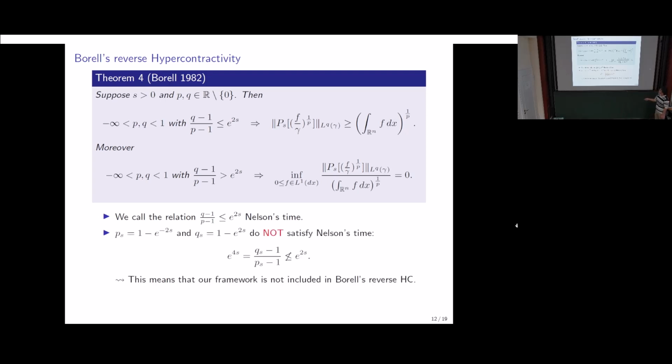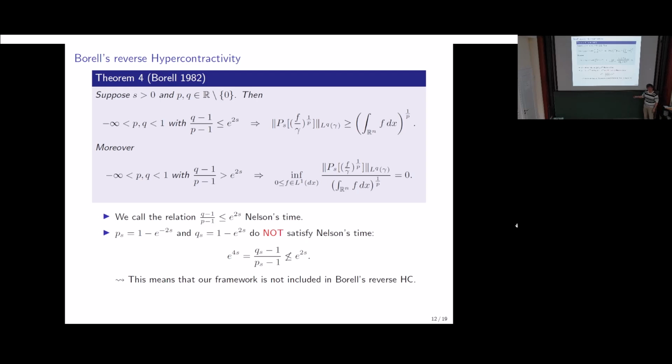Okay, so now let me get back to our situation. In our settings, we consider P and Q as this. Then you need to check that this exponent does not satisfy the Nelson type. Actually, if you consider Qs minus 1 over Qs, then this becomes e^{4s}, and actually this is bigger than e^{2s}. So therefore, our framework is not included in Borell's reverse hypercontractivity.